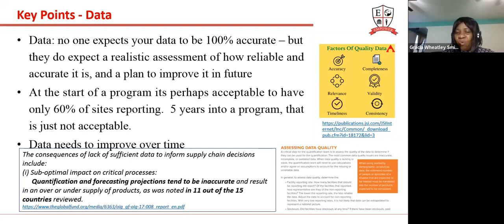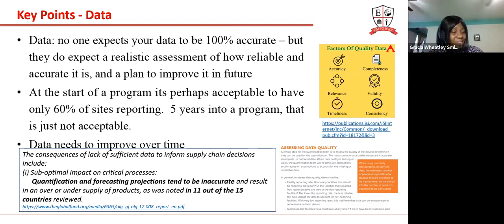At the start of a program, it's perhaps acceptable to have 60% of sites reporting. But 5 years into a program, we should have at least 90% of sites within the country reporting on the data that is collected. Our data management needs to improve over time so that we can improve our process.